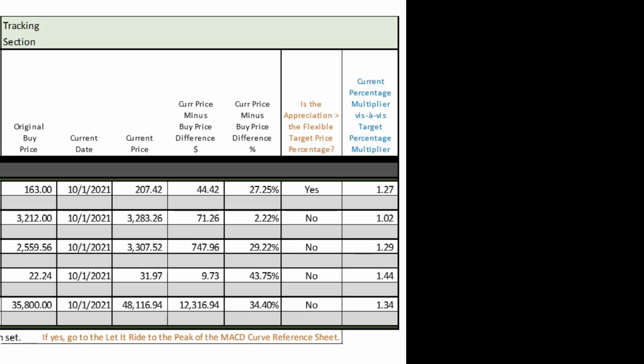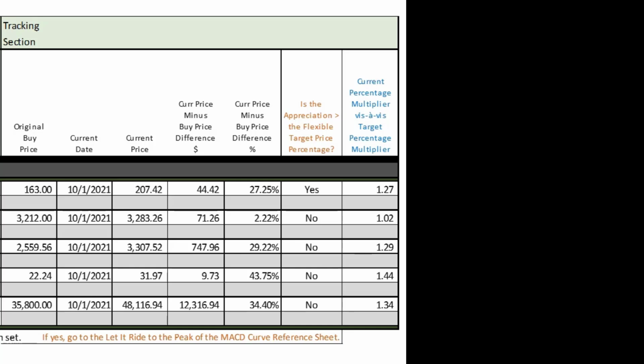Because the anticipation is prices will rise, the formula is current price minus buy price. Then that is expressed as a percentage of the buy price.